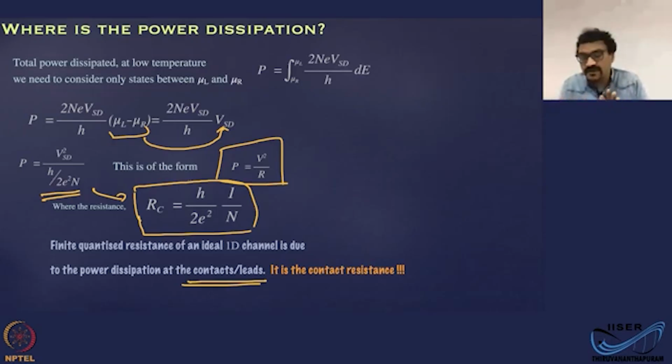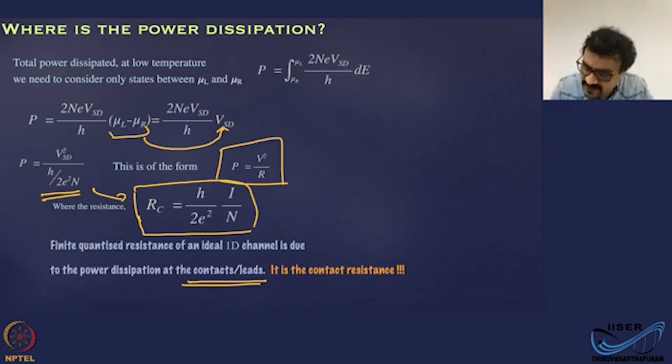But what you are now seeing, eventually, from the power dissipation is that this is nothing but a contact resistance. But now you have to be a little bit careful here. When I say contact resistance, it doesn't mean the resistance you get between the wire that you are connecting to the device and the contact pad. That's not what it means.